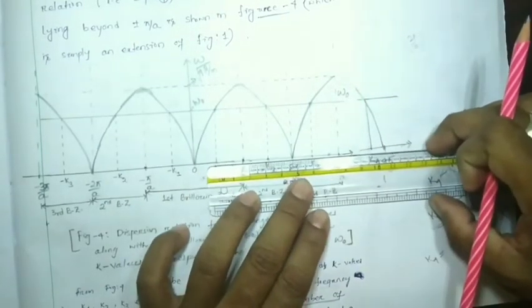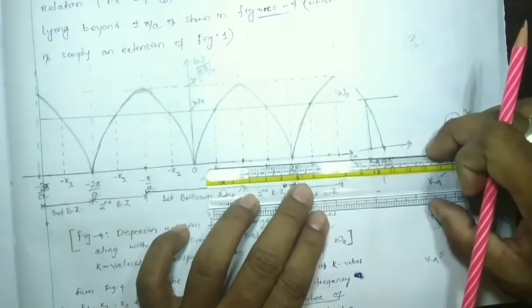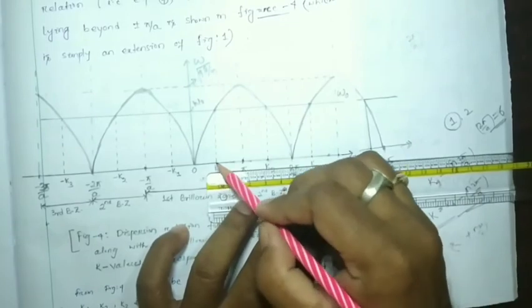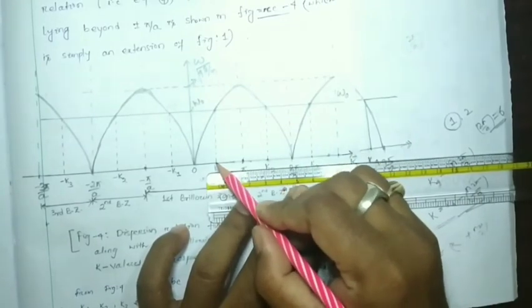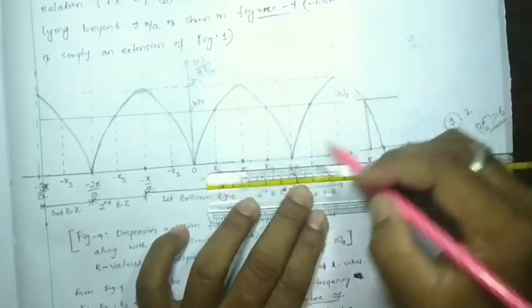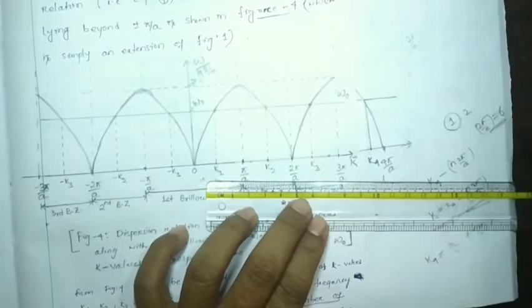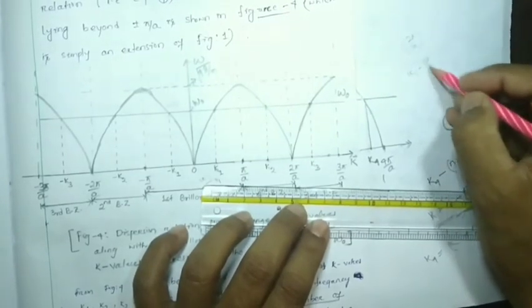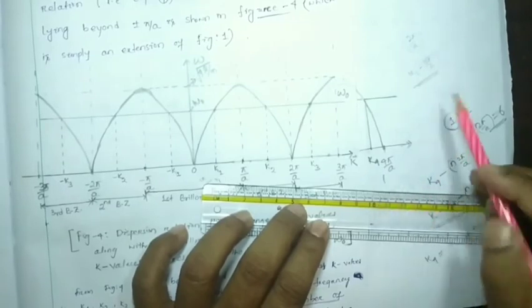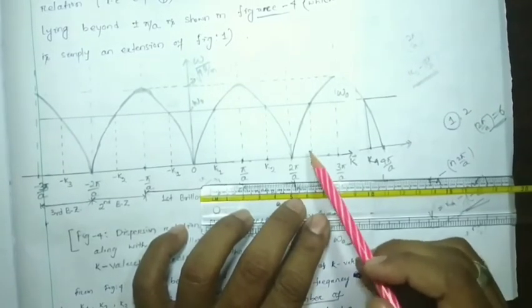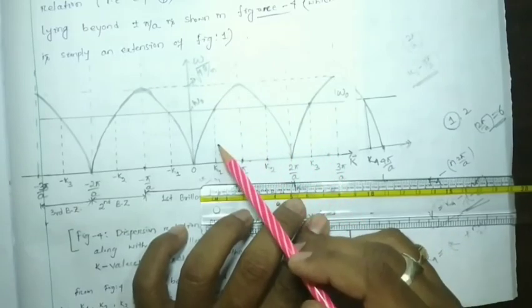If I subtract 6 centimeter from here, exactly where do I reach? K1. So how much do I have to subtract from here to here? I have to subtract: k3 minus 2 pi by a. Then this k3 is transformed to the first Brillouin zone.